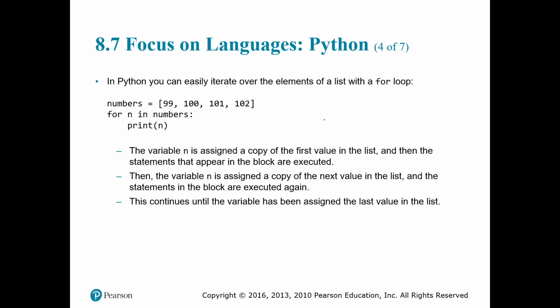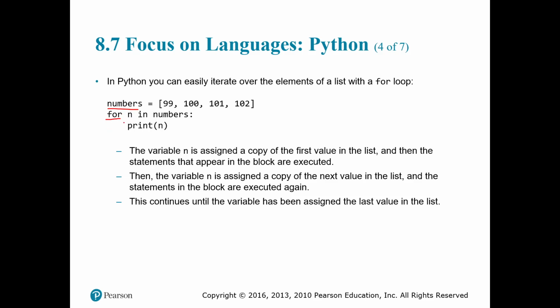Now, Python also has its version of the for each loop, but in my opinion, in Python it is easier than in any other language that has a for each loop. All you have to do, as we can see here, we have our array called numbers, and it has 4 elements, 99, 100, 101, and 102. All you have to do if you want to work with the numbers in your array is you need to say for. This does not have to be n.